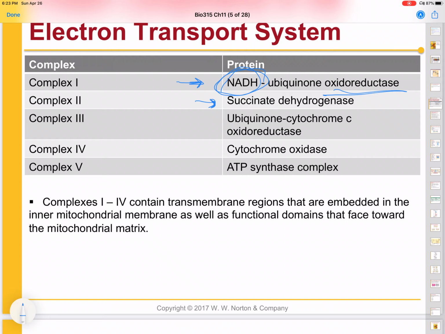NADH, which is reduced, is passing on its electrons to ubiquinone, right? The same with complex 3 here, ubiquinone cytochrome C oxidoreductase. Ubiquinone, which is now fully reduced, is passing on its electrons to cytochrome C. Complex 4, cytochrome oxidase, and then ATP synthase.